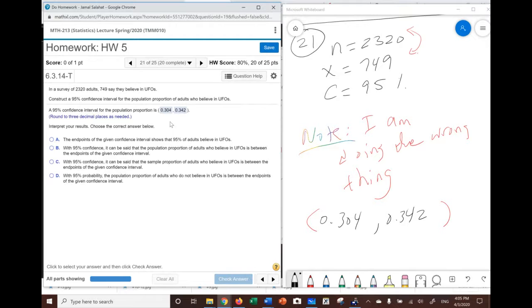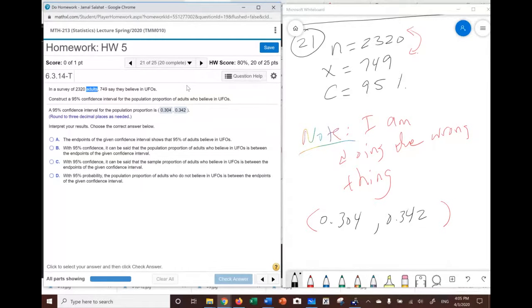Now, interpretation of this interval, what can we say? Notice that in the survey, if we were able to go and survey every single adult, we're talking about adults in here, every single adult, let's say in the US, so the whole population, and ask them this question: do you believe in UFOs?